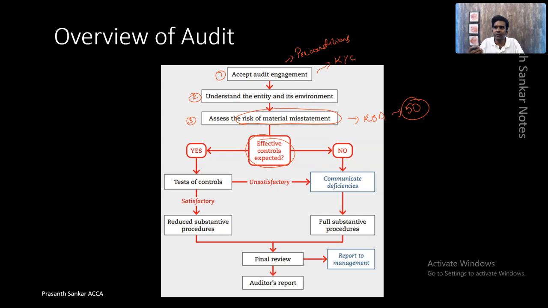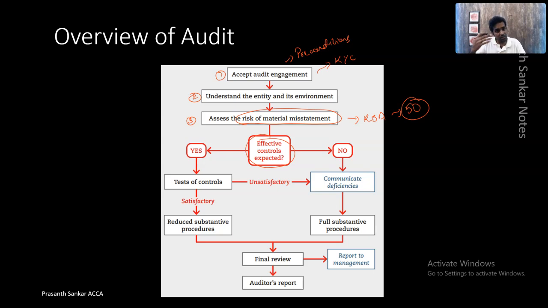There will be only one accountant and no senior, so whatever he prepares cannot be checked, because they cannot afford to appoint a senior. In small companies they don't have enough money to incorporate controls. So definitely it will be a no.